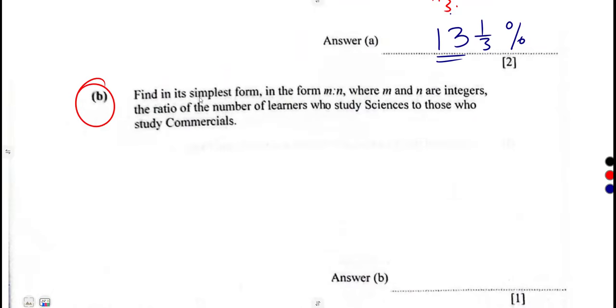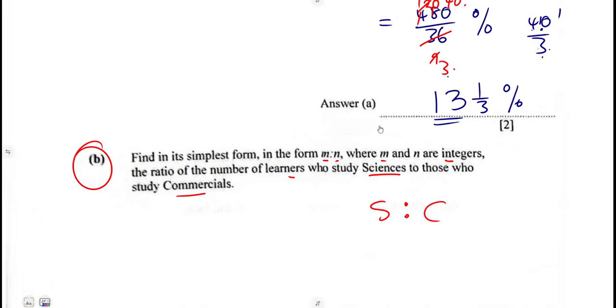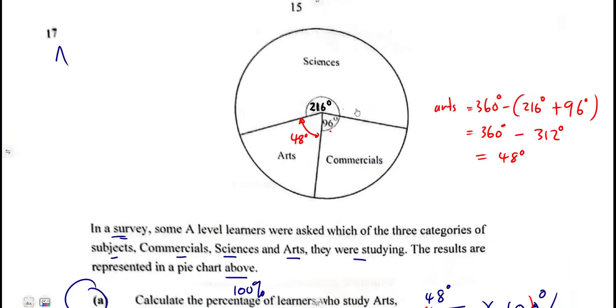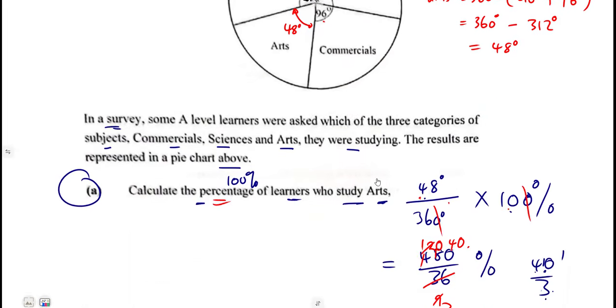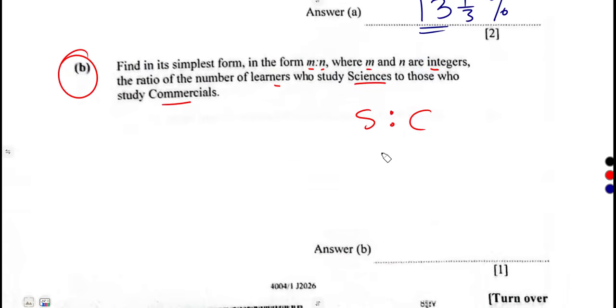Then here, find in its simplest form, in the form m to n, where m and n are integers, the ratio of number of learners, sciences to commercials. So for those studying sciences to commercials, we can simply use these angles as they are. Sciences 216 and commercials 96.